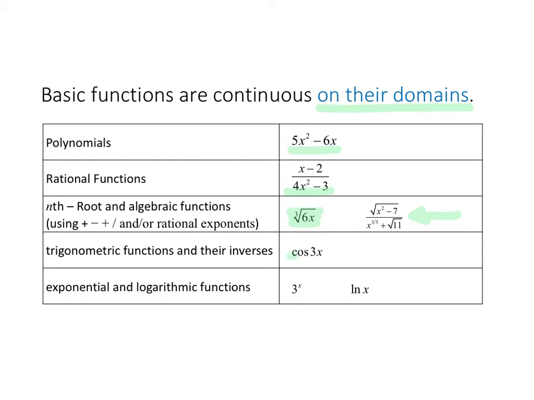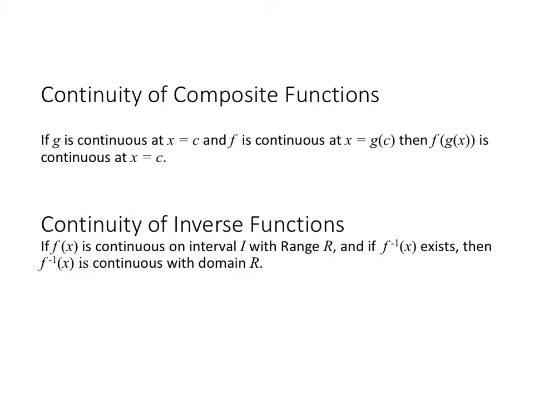Trig functions and their inverses are continuous. I may think that tangent's not continuous, but yes, tangent is not continuous over all real numbers, but it is continuous over its domain because pi over 2, for example, is not in its domain. Exponential and logarithm functions are continuous.